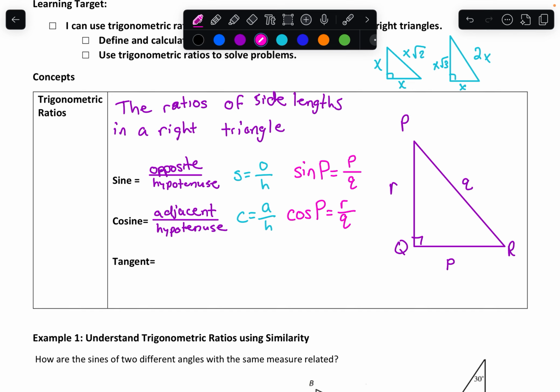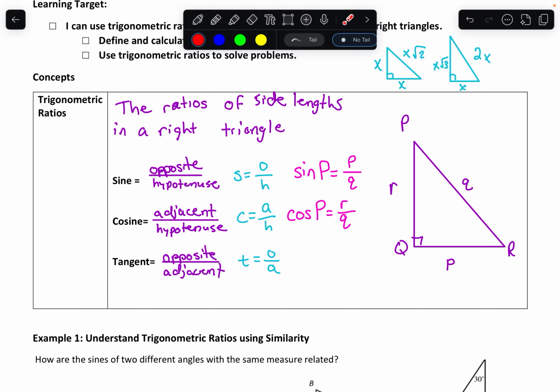And then the tangent is our last trigonometric ratio. That is represented by opposite over adjacent. Or as an abbreviation, T equals O over A. So if I'm standing on point P and I want to find the tangent of that angle, then I would write TAN for tangent of P equals the opposite side over the adjacent.